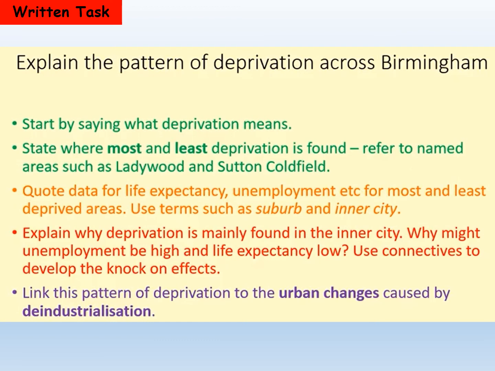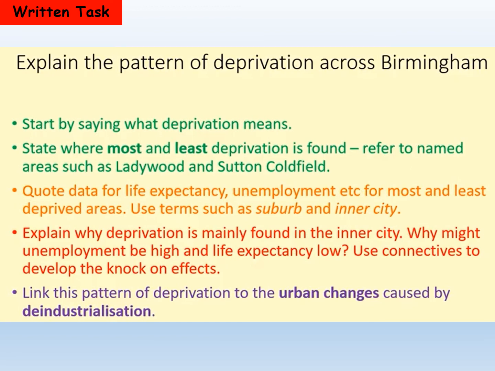But what I want you to do is use connectives to explain the effects of that high unemployment, low life expectancy, etc. So you're going to try and go through all of those different measures and explain using connectives why deprivation is found in the inner city.